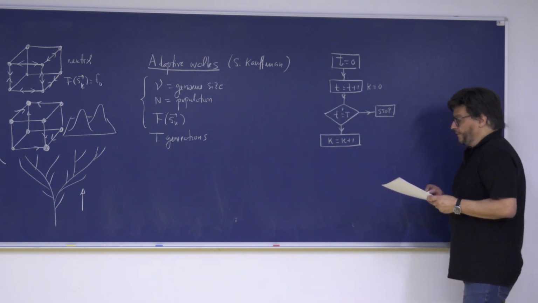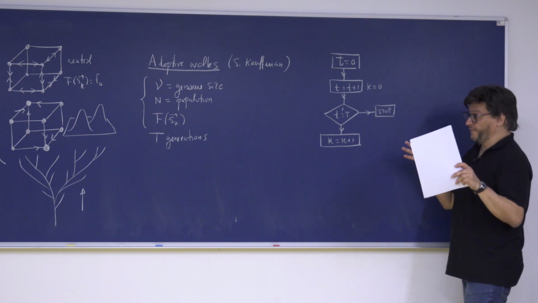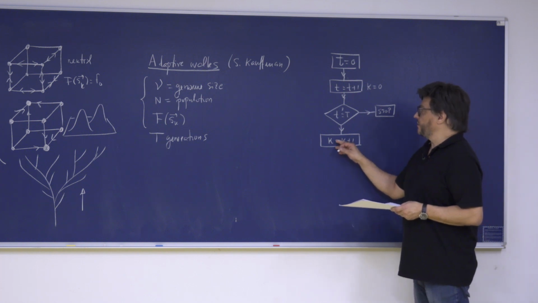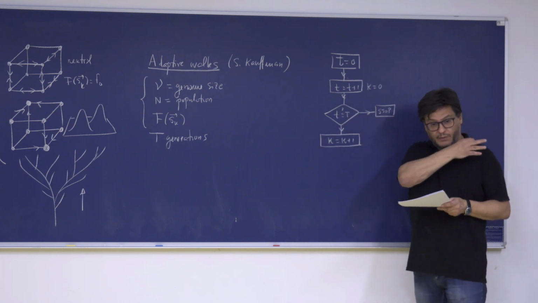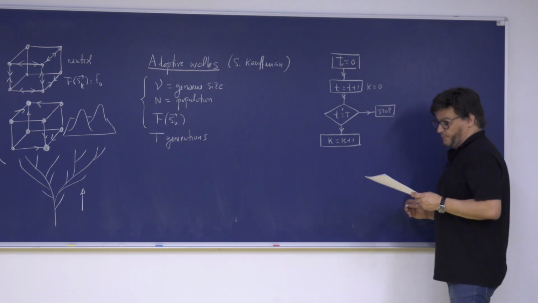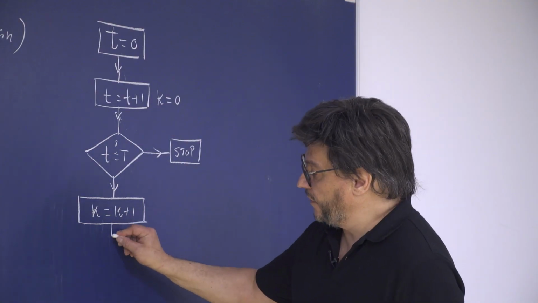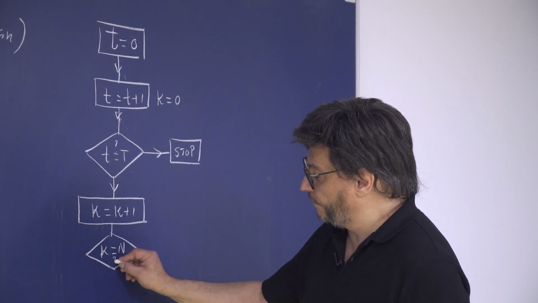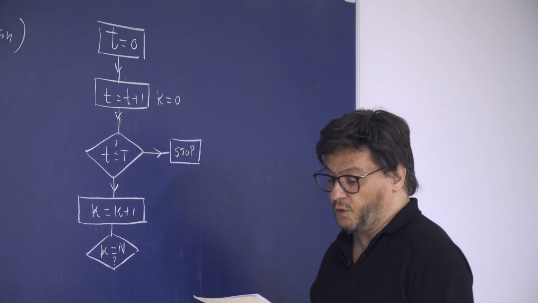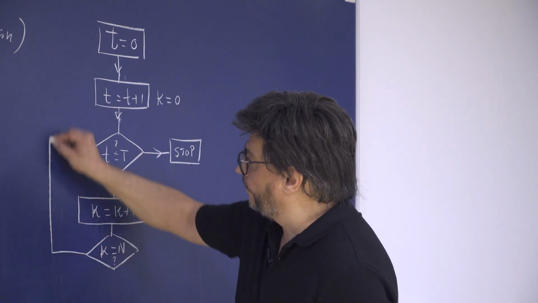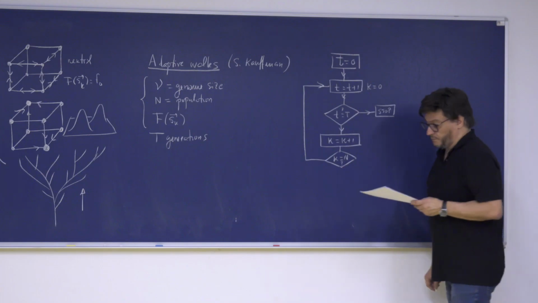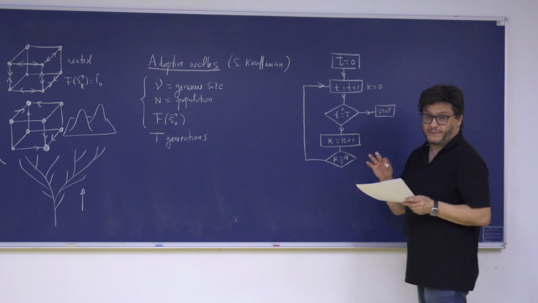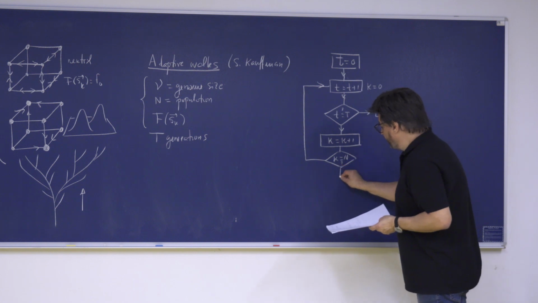And again here, since I have a finite number of elements, once this is n, I just have to go for the next generation because I have looked at all the possible genomes. If this is n, I just need to go back here to the next generation. Now, the most important thing, this is just a counter to see if the algorithm is finishing or not.